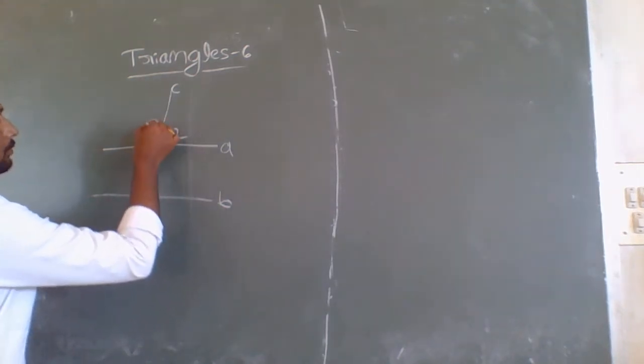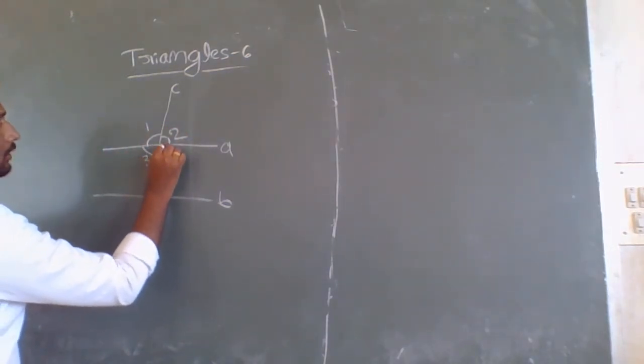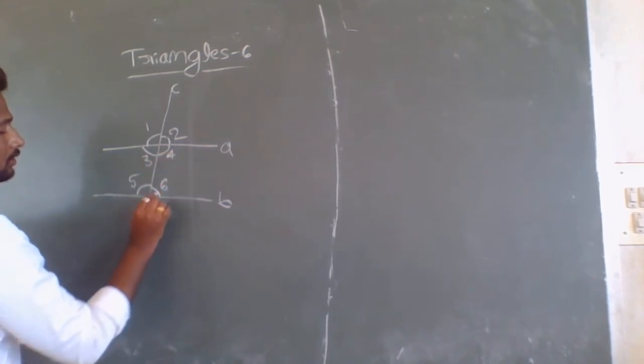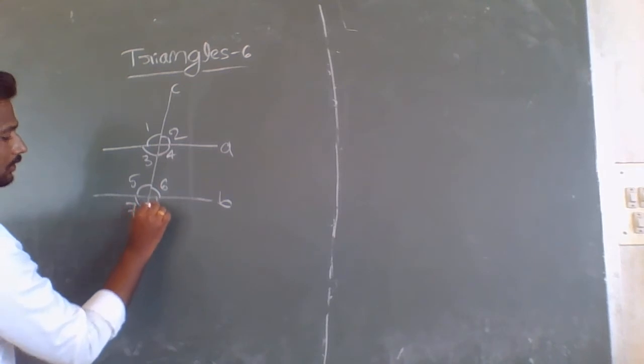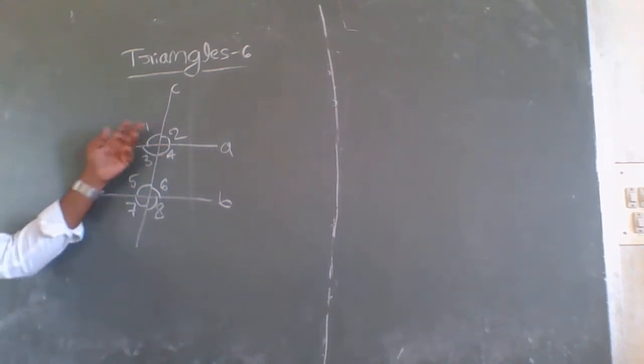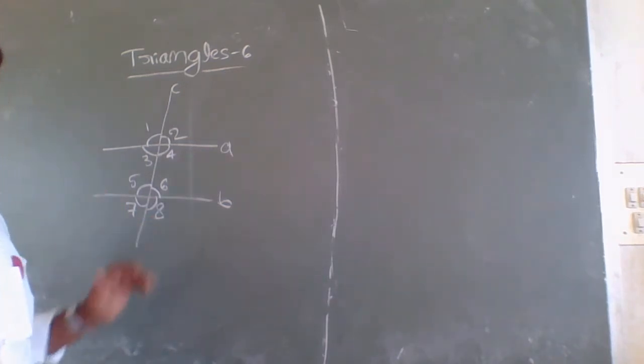I will name them angle 1, 2, 3, 4, 5, 6, 7, 8. By using this diagram, I will discuss different types of angles.